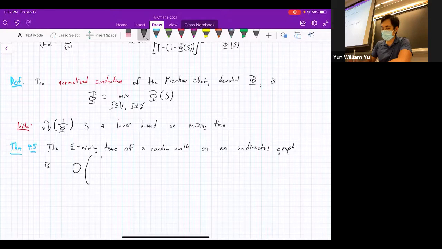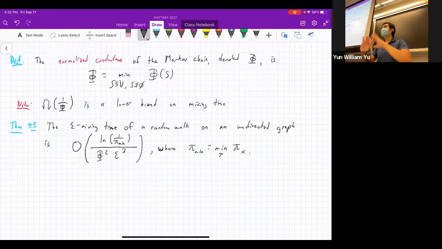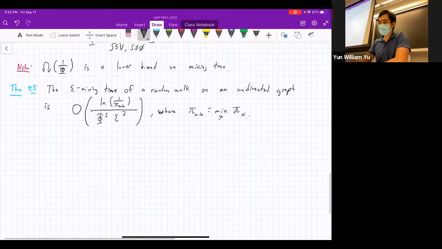It's going to be bounded by O of log of 1 over pi min, which is the minimum amount of probability mass in any of your nodes, divided by phi squared epsilon cubed, where pi min is what you expect it to be. Okay, so this is the big theorem we're going to prove today. Hopefully we're going to finish proving it today. And so let's go ahead and get started. And you'll see how each of the different pieces comes in as we go on with the proof.